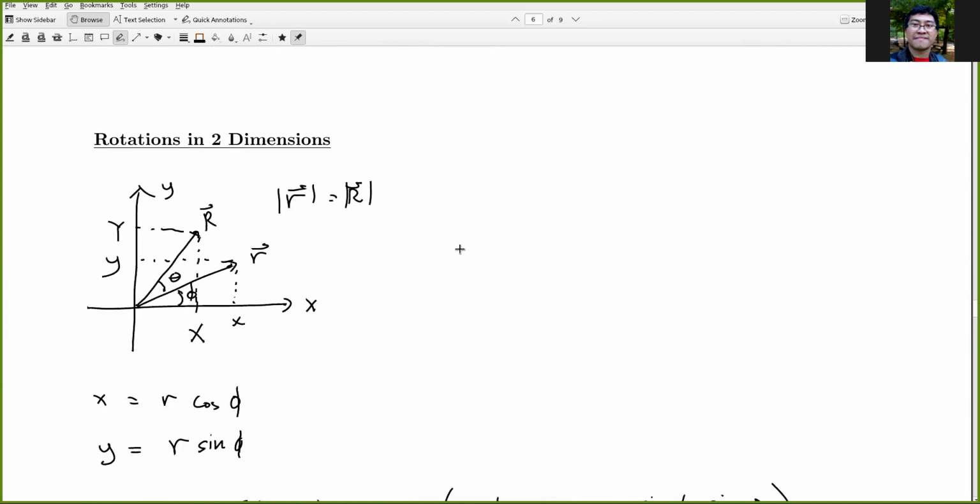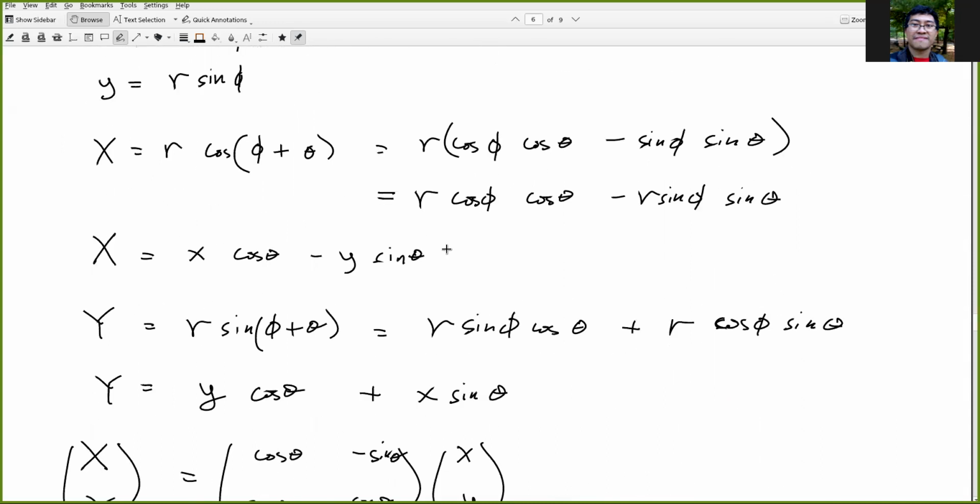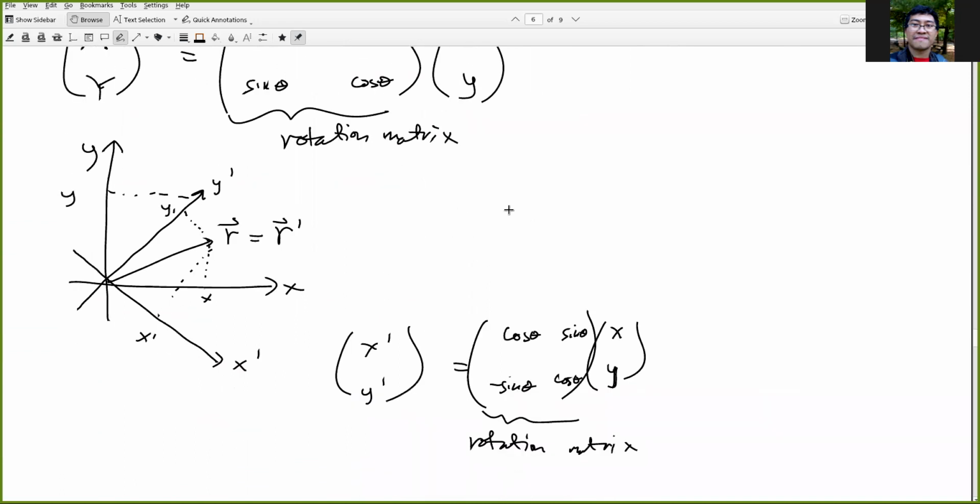For these two interpretations, we call this transformation an active transformation. To easily remember, we actively rotate this r to capital letter R. Here, this is called a passive transformation.